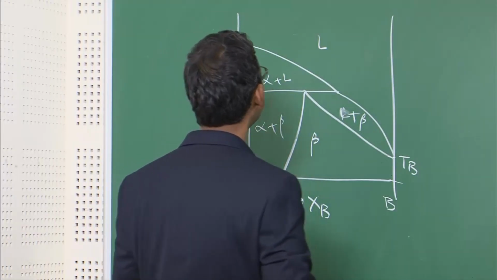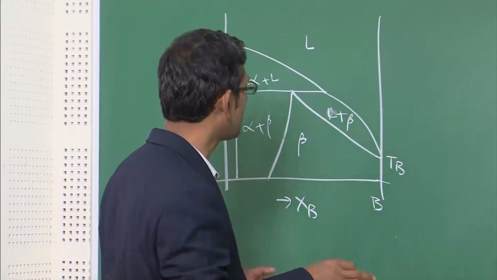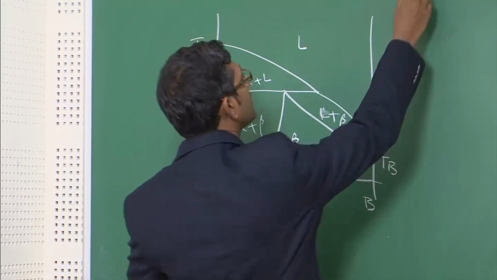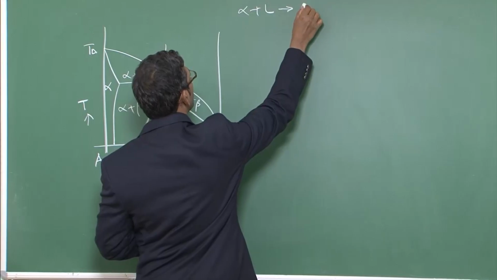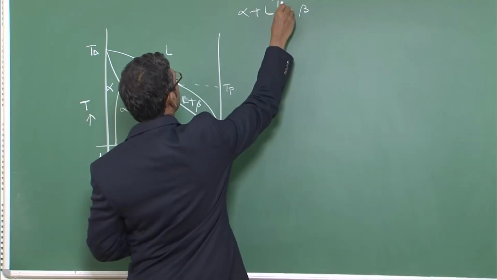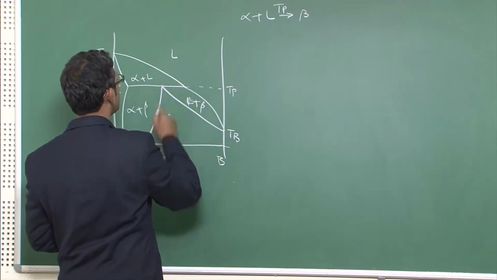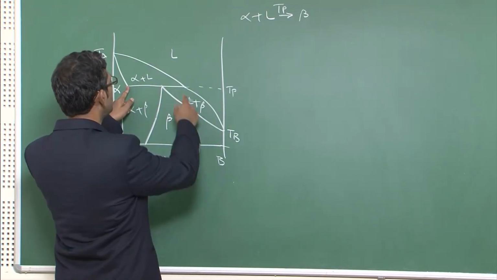And in these diagrams, I showed you how the beta forms in different ways, in the last lecture and also in these lectures. The peritectic reaction is basically alpha plus liquid going to beta, and this happens at Tp, the peritectic temperature. Obviously this is the peritectic isotherm at Tp, and you can see it has these two ends.